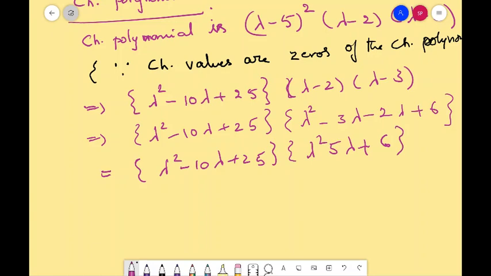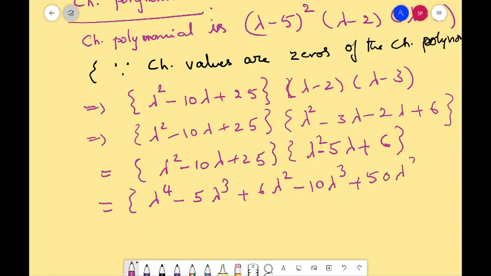So multiply this: lambda power 4 minus 5 lambda cube plus 6 lambda square minus 10 lambda cube plus 50 lambda square minus 60 lambda plus 25 lambda square minus 125 lambda plus 150.